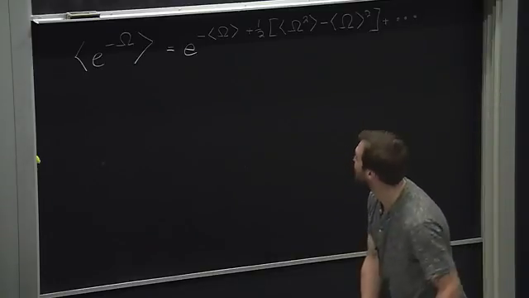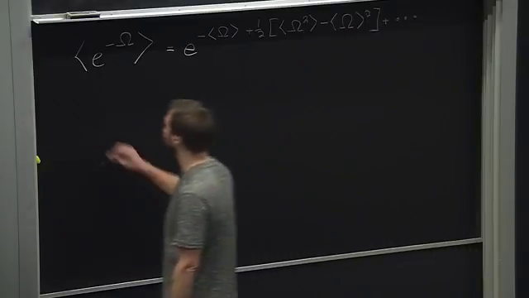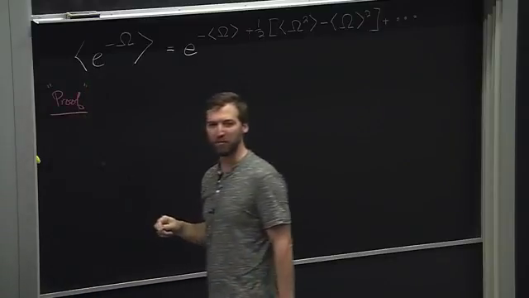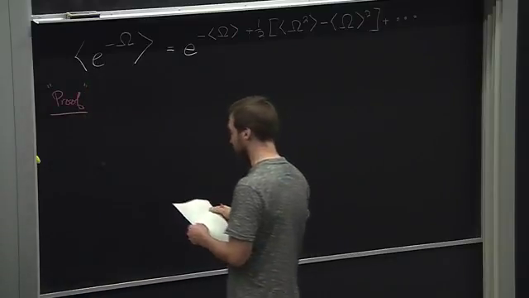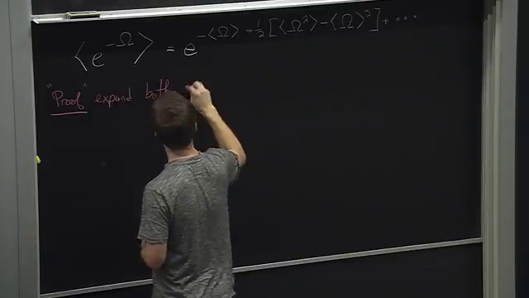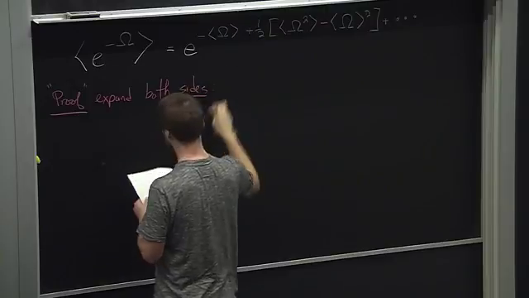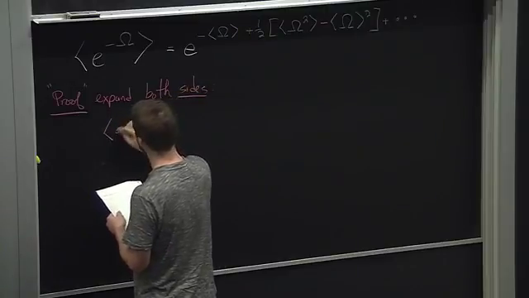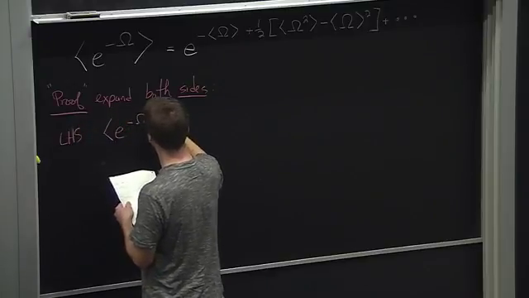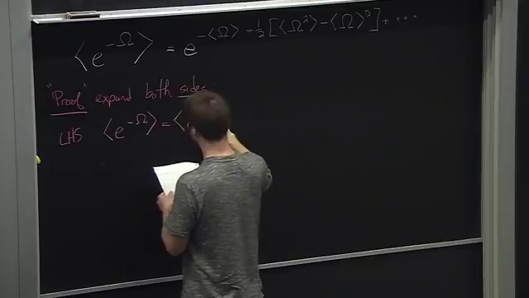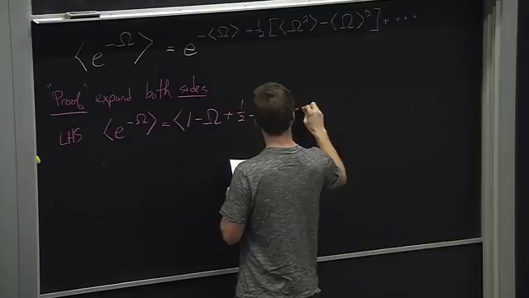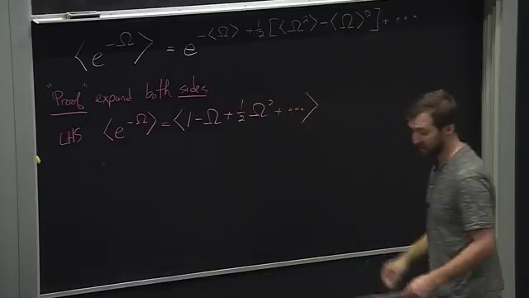So I think the best way to see this is just to look at both sides. So just expand the left-hand side, expand the exponential. Do it up to second order.